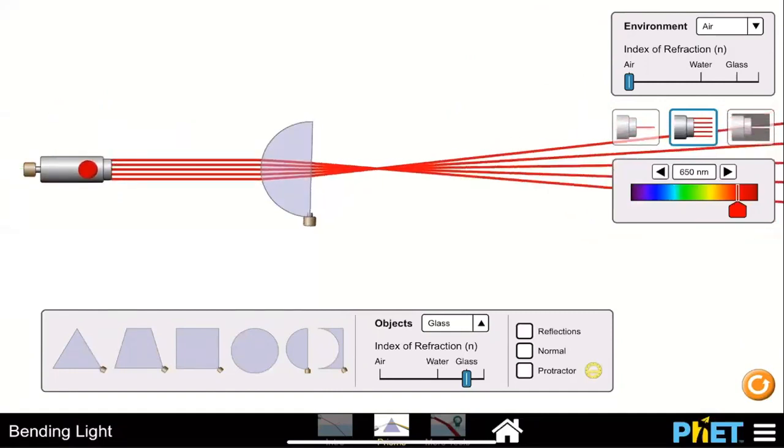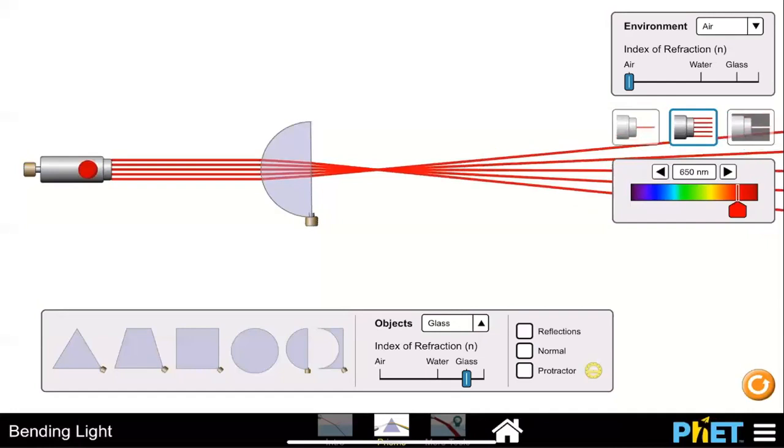This is the reason why we call a convex lens the converging lens, because it focuses the light coming from a source. After it passes through the lens, it focuses the light on a certain point.